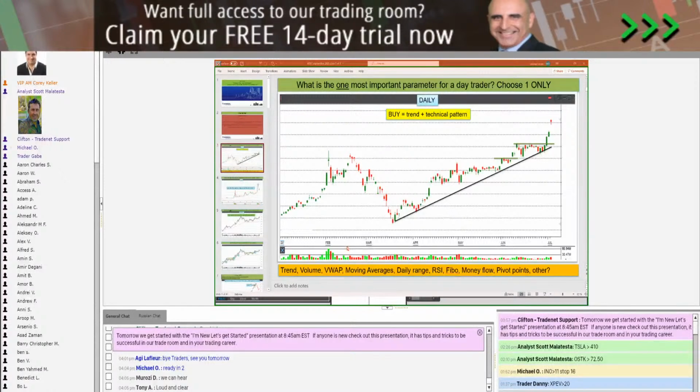At the bottom you can see plenty of parameters, but think about it. If you had to choose one parameter and follow that one, which one would it be? You have plenty of parameters from various classes, and you need to decide.